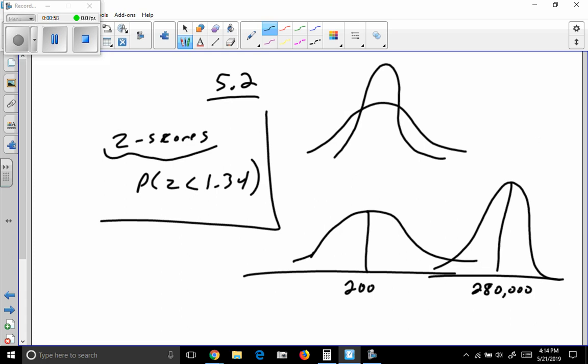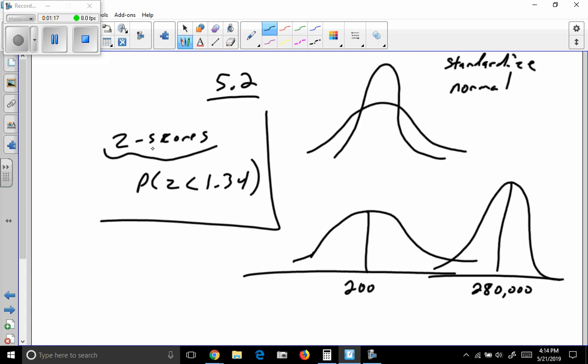But they have one thing in common in that they're all normal distributions. And instead of having to have a separate table for every possible normal distribution, we standardize things.